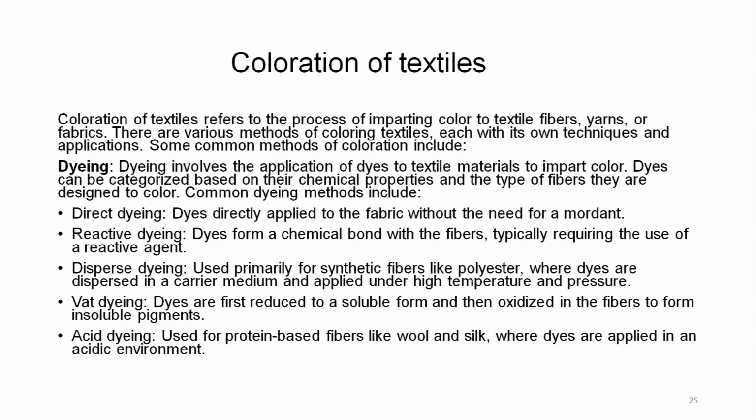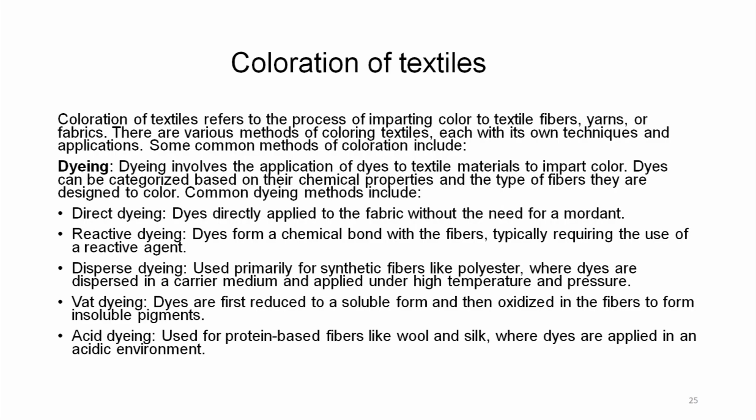Wet dyeing, dyes are first reduced to a soluble form and then oxidized in the fibers to form the insoluble pigments. Acid dyeing, used for protein based fibers like wool and silk, where dyes are applied in an acidic environment.